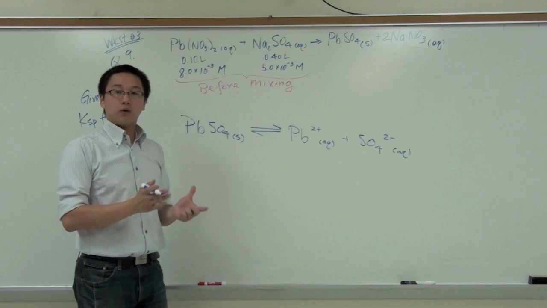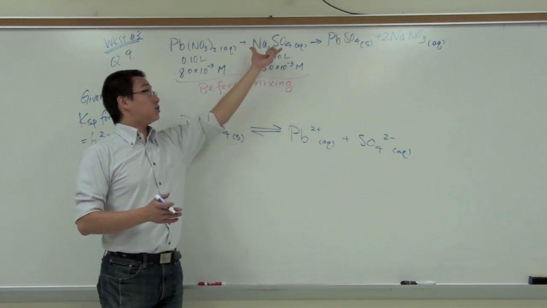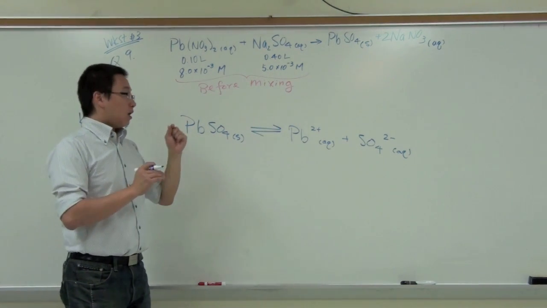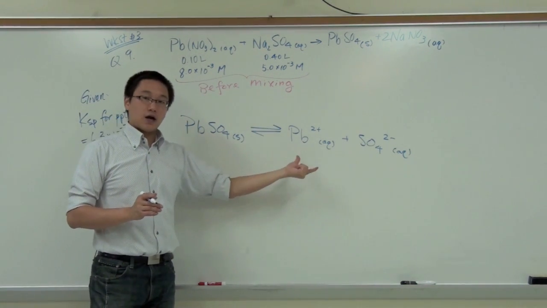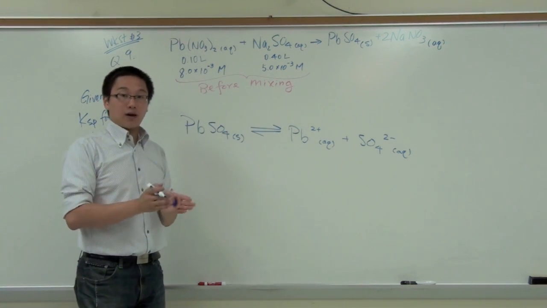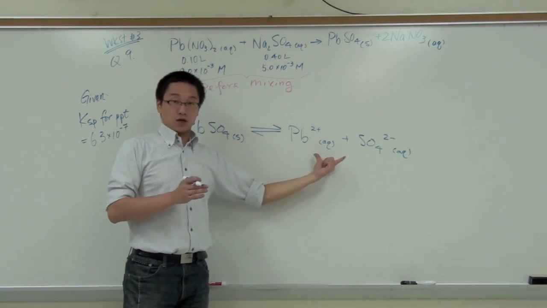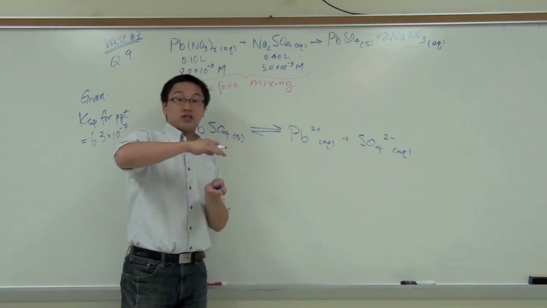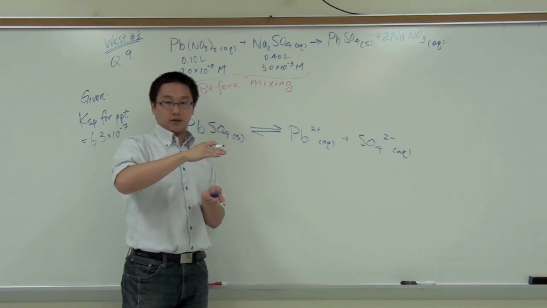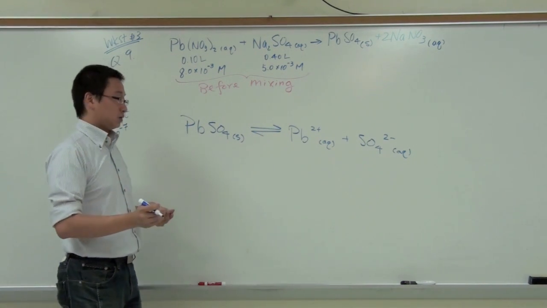Can we determine whether it will produce a precipitate or not based on this reaction, based on this equation? Well, we would like to see if the concentration of the ions has reached the maximum amount. We would like to see if the concentration of the ions has exceeded the solubility, the maximum amount for the ions to exist in the solution.